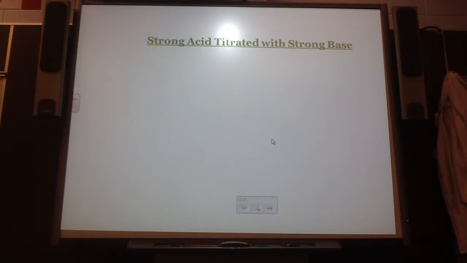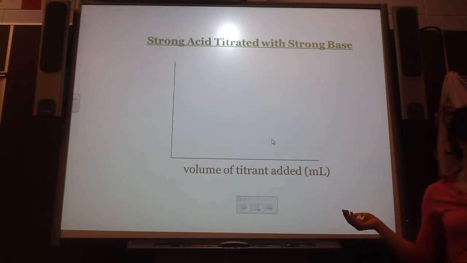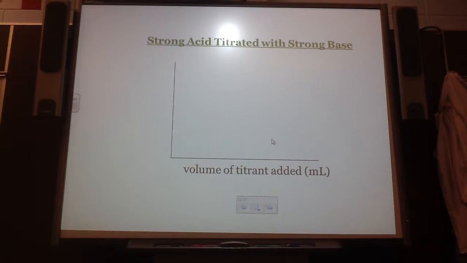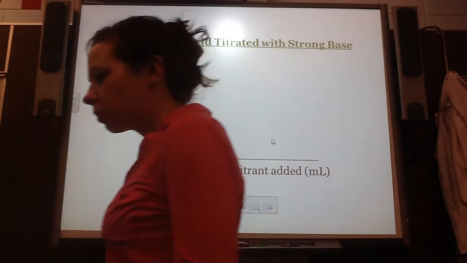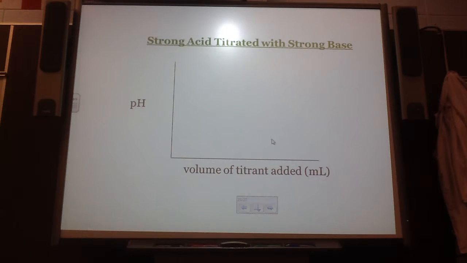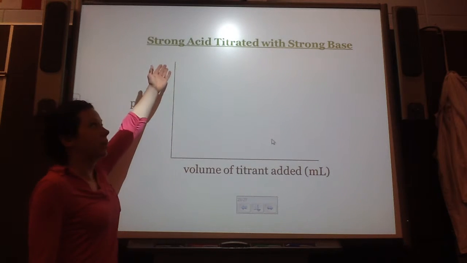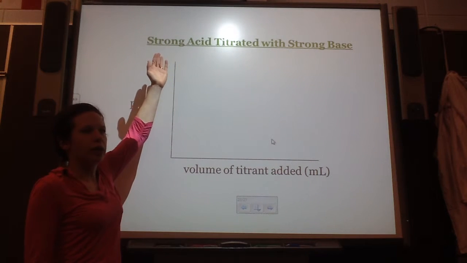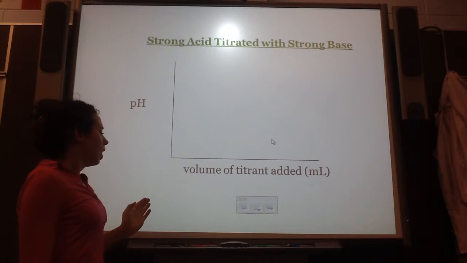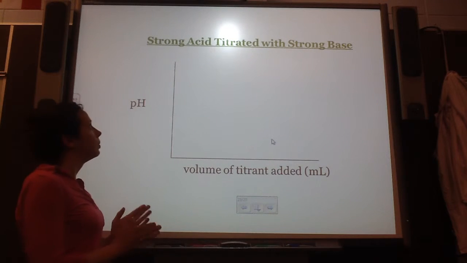Okay, so what does this look like? So if we had, say, a strong acid with a strong base, our volume of titrant is our manipulated variable, okay? And our pH goes here. Now, if we think about a pH scale, so say this is 0 to 14, where should my pH be around?